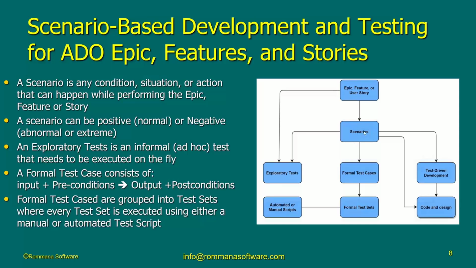Only after they do their scenarios, they can go and start writing their code and starting their test cases, and then they write the code for those test cases. You understand that if you know test-driven development, we first write the test case, then we write the code that will pass the test case. If the test case does not pass, we go back and modify the code.